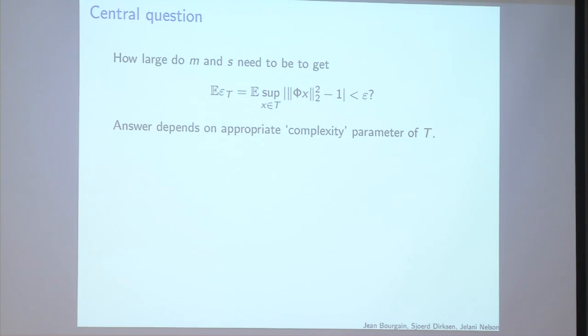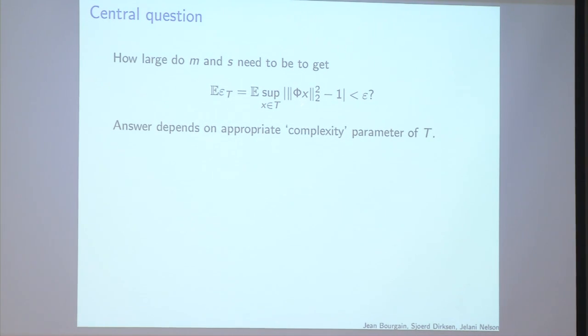This is the formalization of the question of a sparse analog of Gordon's theorem. The answer that I will show in a minute will again depend on an appropriate complexity parameter of this set T. In the case of Gaussian dimensionality reduction, where I use a Gaussian matrix, this complexity parameter is the squared Gaussian width. However, in this setting, that cannot be the right complexity parameter, for the following reason.